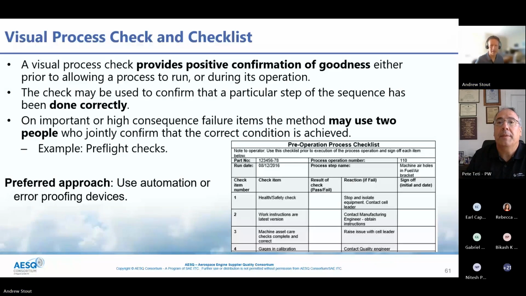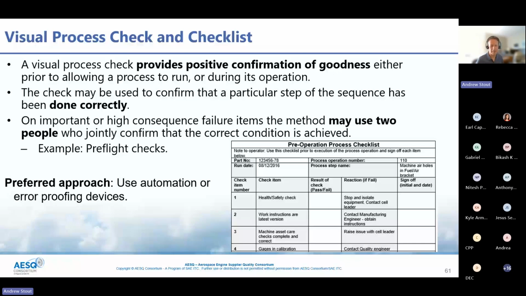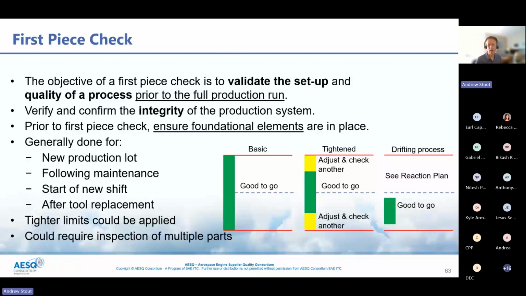Thanks for adding that. Appreciate it. Moving on. Number 8 is first piece check. Quick look at that. Here we check the first piece to validate the setup prior to full production. Generally, it's done for a new production lot, after maintenance, or at the start of a new shift. In some cases, tighter limits or shifted limits are needed, as shown in the right two graphics.